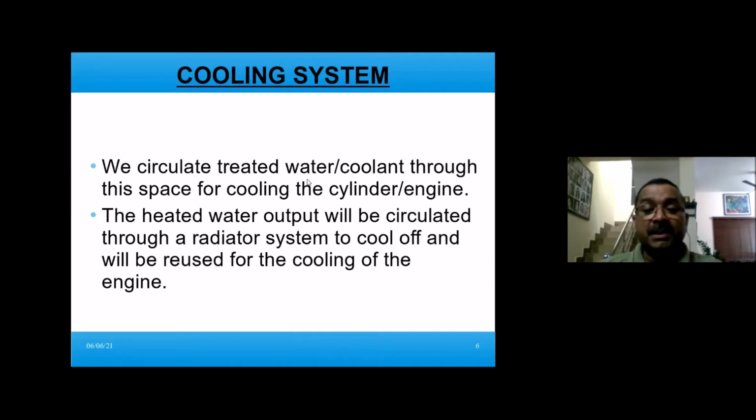So the cooling system is a closed system. Coolant will circulate through the spaces in the engine, and after cooling it, it will go to the radiator to get cooled, and it will again circulate through the engine.